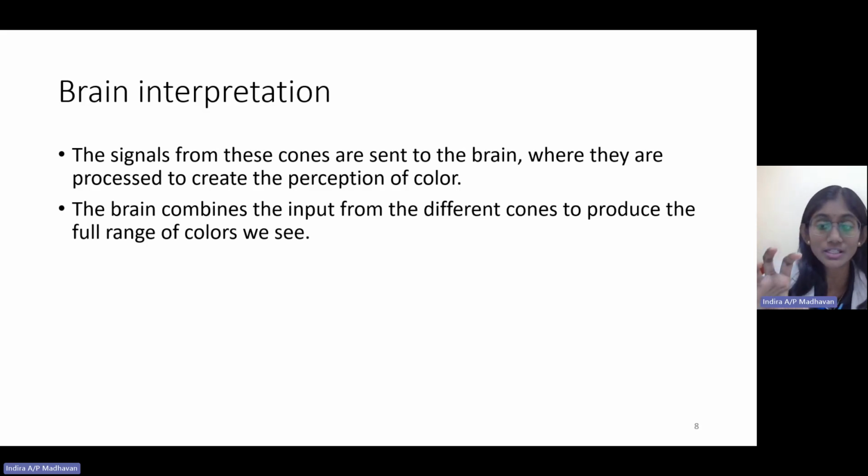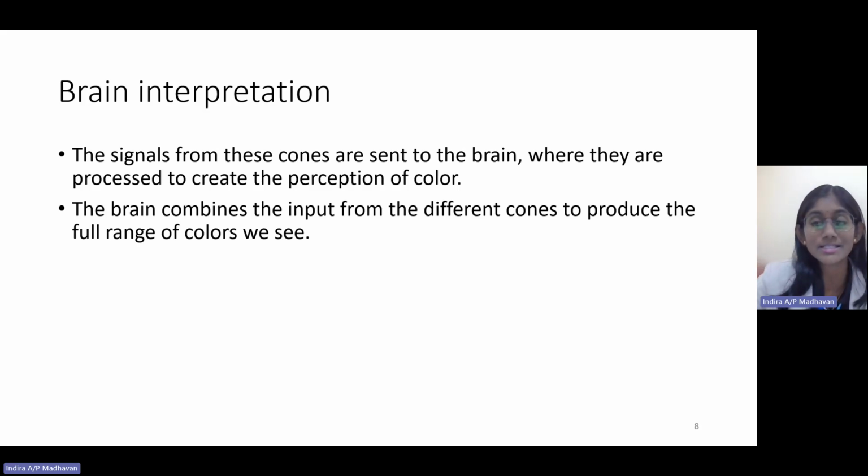So this bundle of information is transferred to the brain, and the brain processes it again to understand the information received from the cone signal, and then it can tell you that this one contains information about longer wavelength light, so the color we are seeing is more of a reddish color.